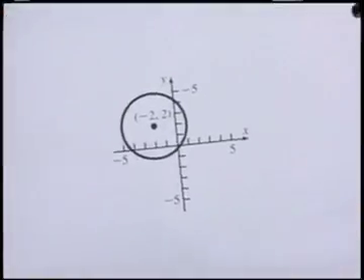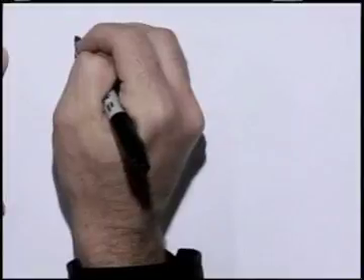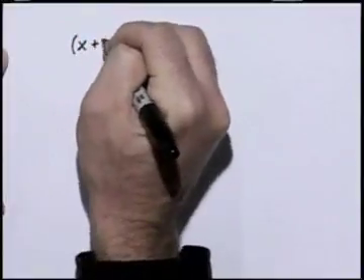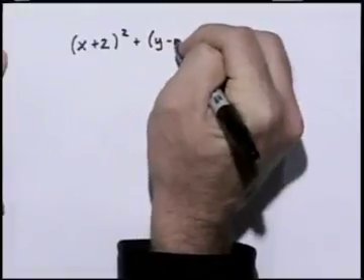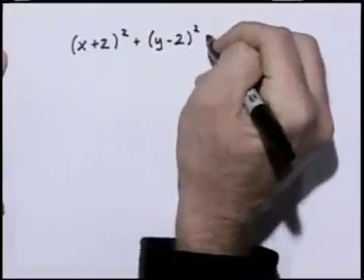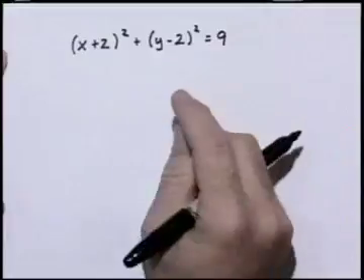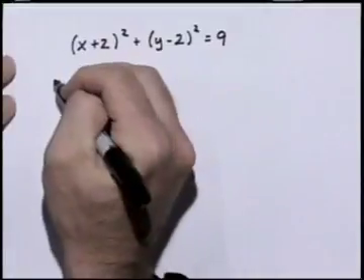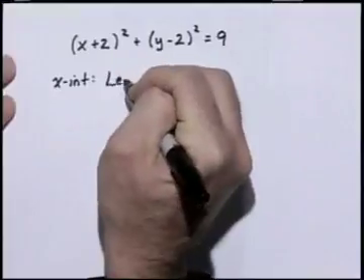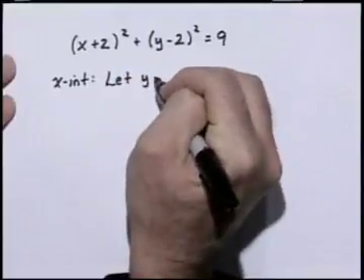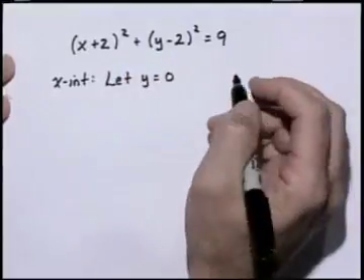To find the intercepts, what we're going to do is go back and rewrite our equation in standard form. X plus 2 quantity squared plus y minus 2 quantity squared equals 9. Remember, to find the x-intercepts of the graph of an equation, what you want to do is let y equal 0.